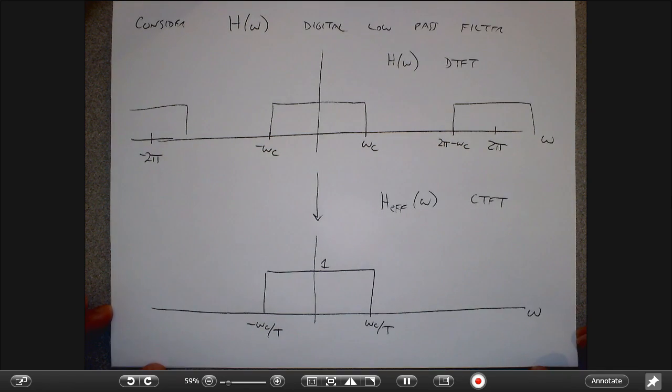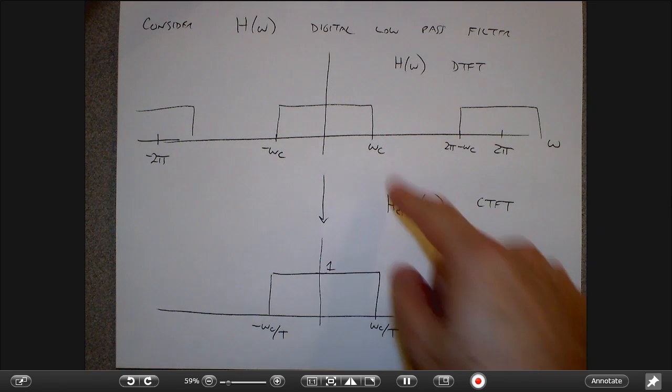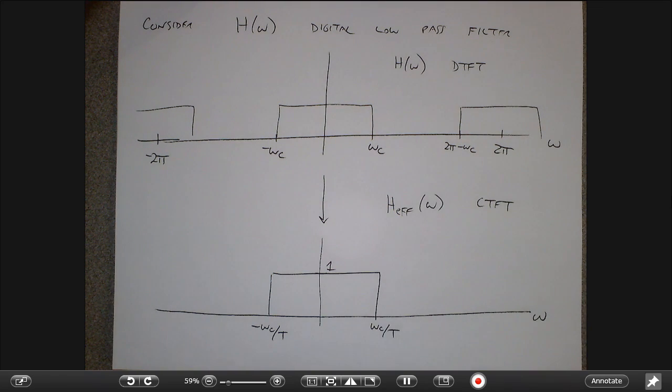And so this tells me that if I want to get a cutoff of this size in the continuous world, I should design a low-pass filter in the discrete world that has a cutoff that is basically what I want multiplied by T. Okay.